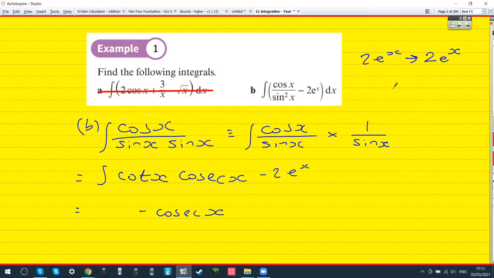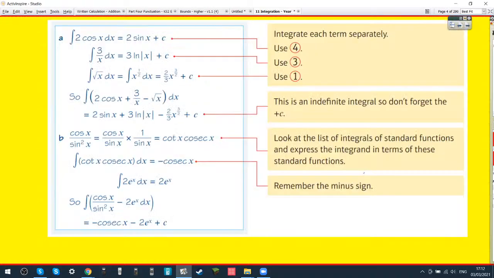And so the integral stays the same: 2e to the power of x, plus c. So we work out the trig, and then we check the formula. Minus cosec x minus 2e to the x plus c.